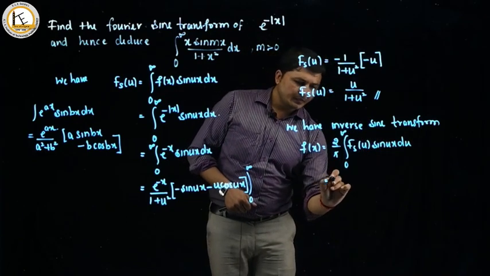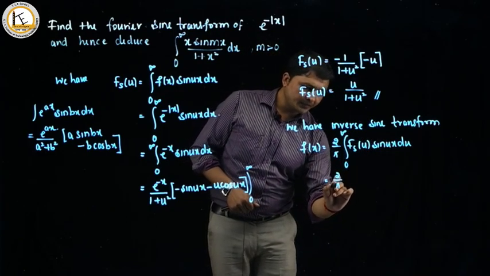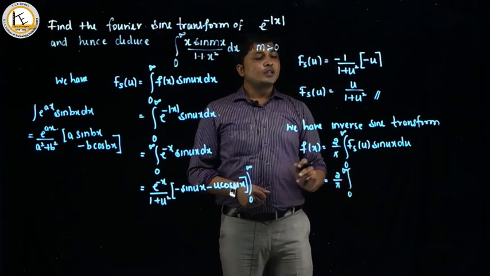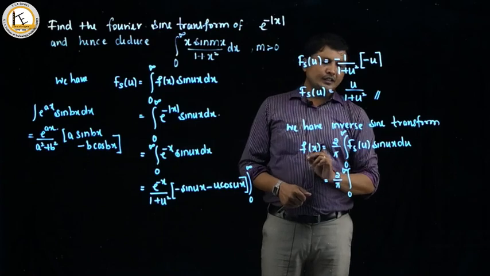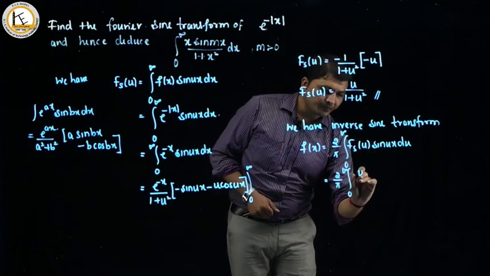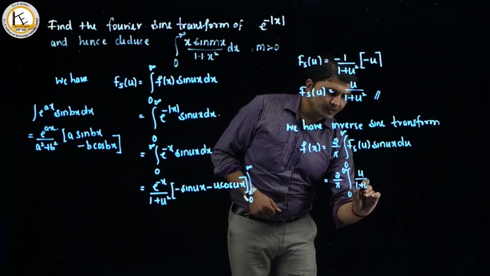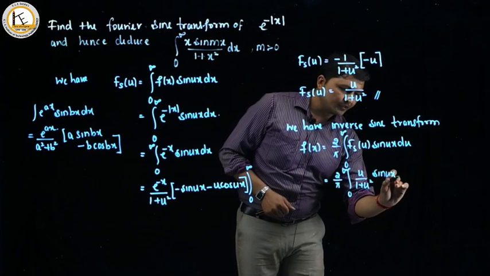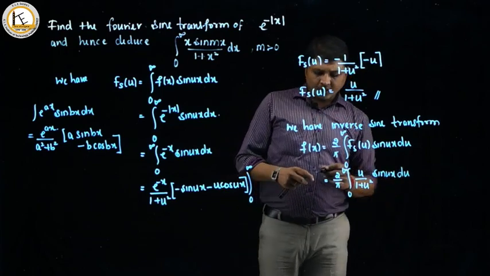So this is 2 by pi integral from 0 to infinity, now substituting the Fourier sine transform from the first half, u divided by 1 plus u square into sine of ux with respect to u.